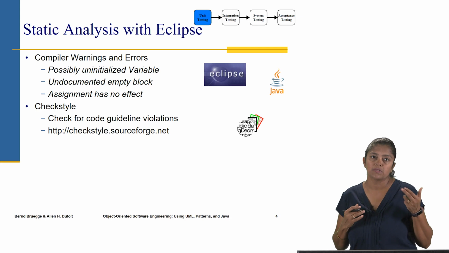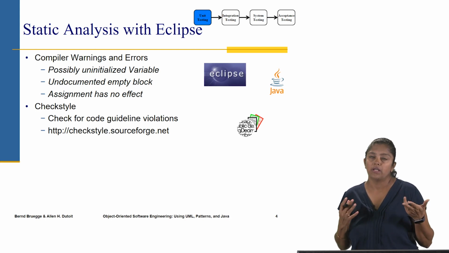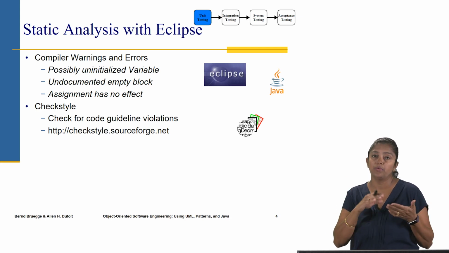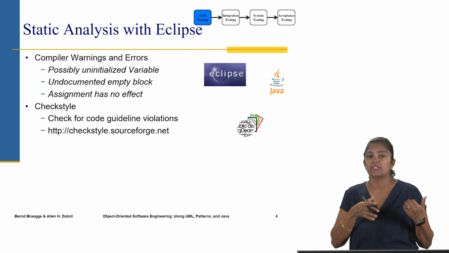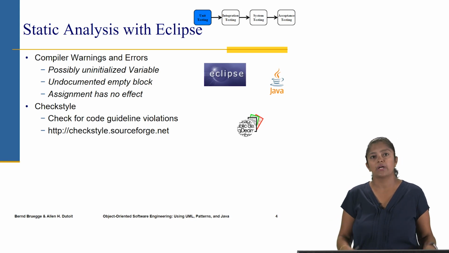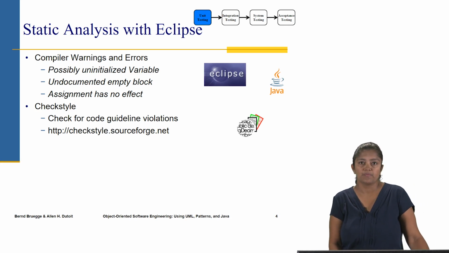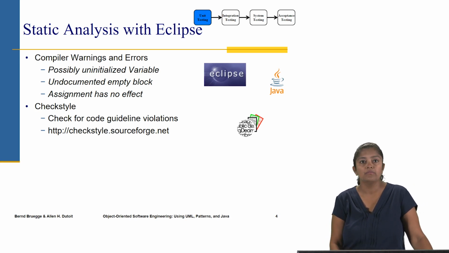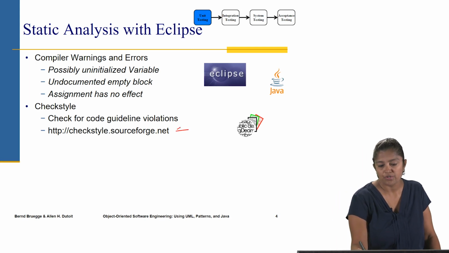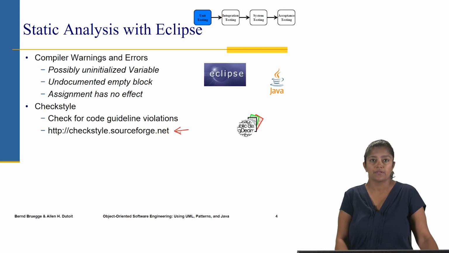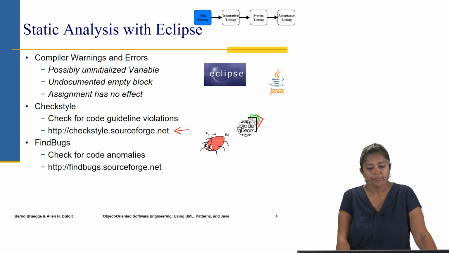How should your blocks be? Where should the begin brace go, do we want it at the end of the statement, or do we want it at the beginning of the next statement, and so on. So those kind of guidelines can be specified, and CheckStyle will look for it in the code and report on it. CheckStyle is available on sourceforge.net. There's the URL for it.